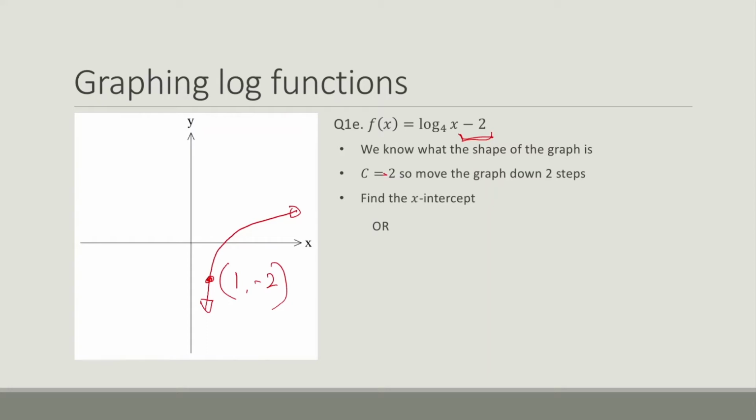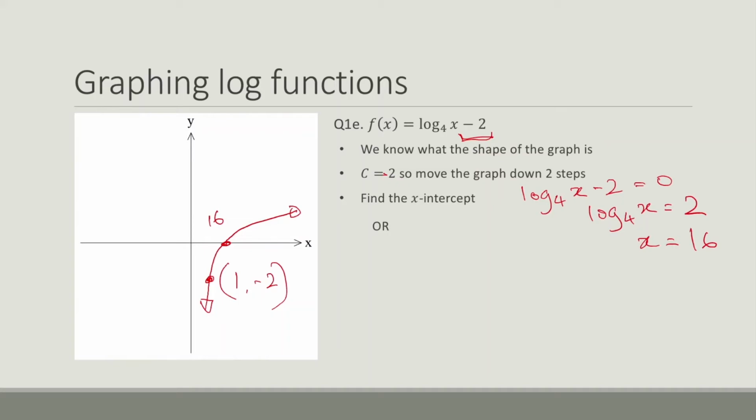Let's find the x-intercept. So for the x-intercept, y has to equal 0. Four to the power of 2 is 16. That means the x-intercept is 16, and this curve is way out of scale.